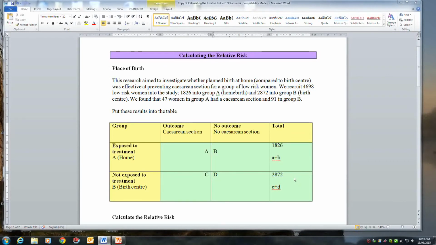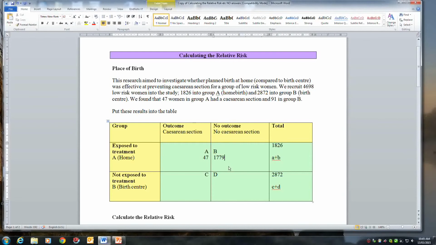Now when we look at the outcome, which is caesarean section, we need to put in here how many caesarean sections there were in Group A. So we can see here that there were 47 in Group A who had a caesarean section. We can work out how many didn't have a caesarean section by taking the 47 away from the total here, and that's 1779.